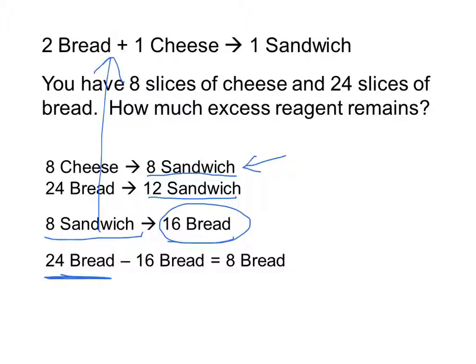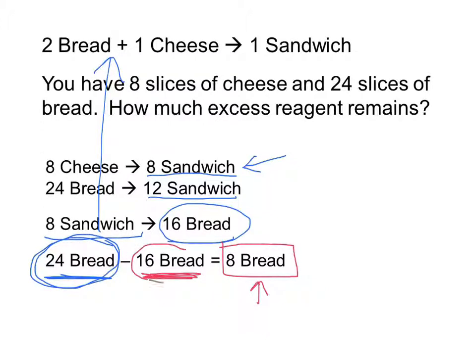I only need 16, so my excess amount of bread is 8 pieces. So how this works is, again, this is what I'm given. This is what I only need based on my limiting reagent. And then this is my excess material remaining.